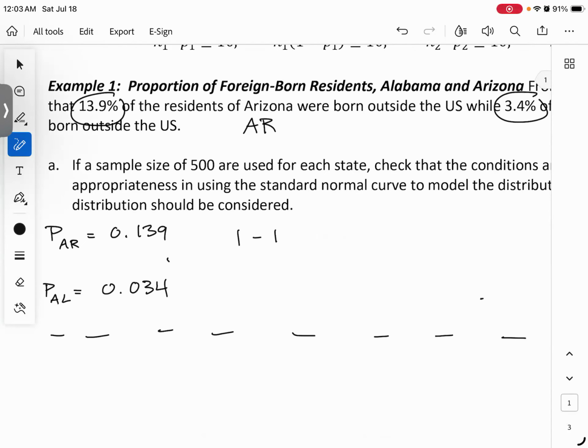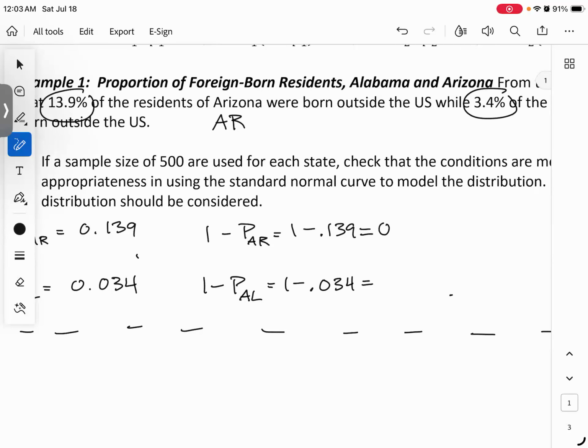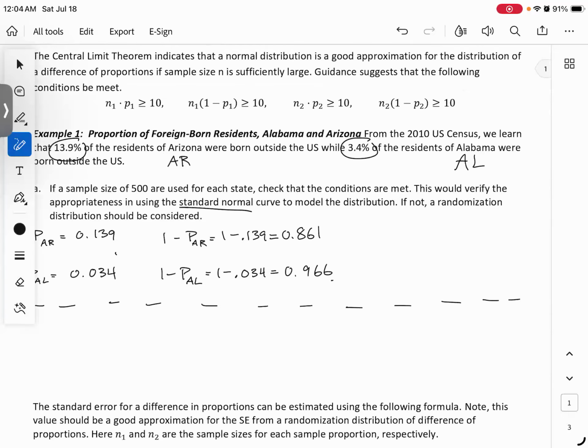The complement for Arizona would be 1 minus 0.139, which gives 0.861, and the complement for Alabama would be 1 minus 0.034, which gives 0.966.